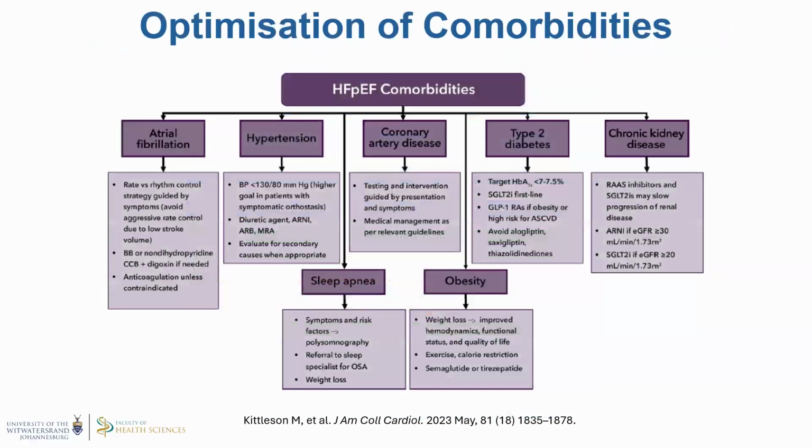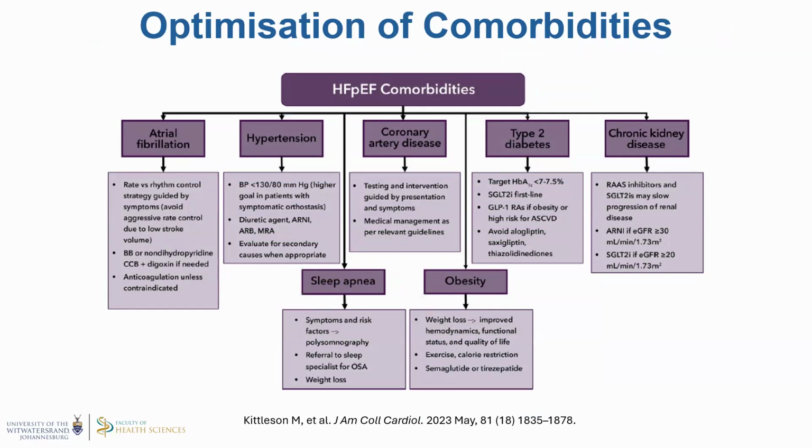All right. So in the guidelines, they emphasize optimization of comorbidities. The common comorbidities that we see in patients with heart failure with preserved ejection fraction include hypertension, where the target blood pressure is 130/80.